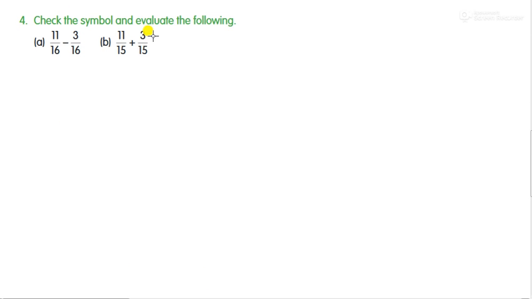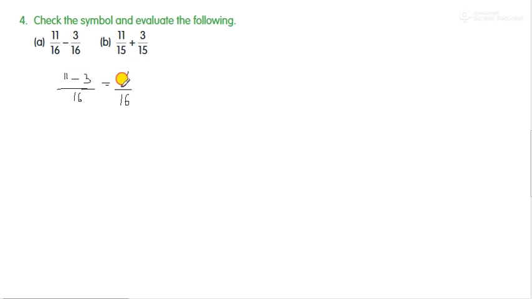Check the symbols and evaluate the following. Here 11 by 16 minus 3 by 16. So here the LCM is 16. 11 minus 3 is 8 by 16.